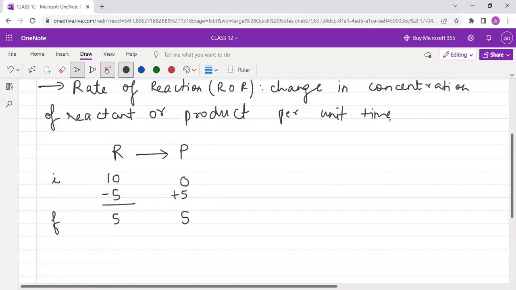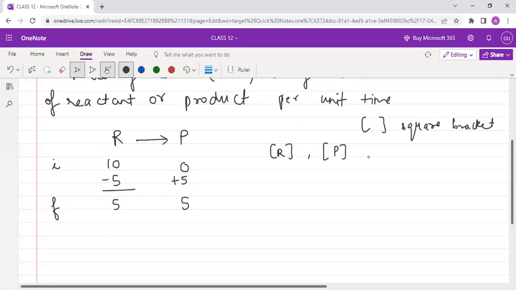You should remember that concentration is represented by square brackets. If we are talking about concentration of R, we'll write it like this, and if we are talking about concentration of product, we'll write it like this. Concentration is simply molarity.